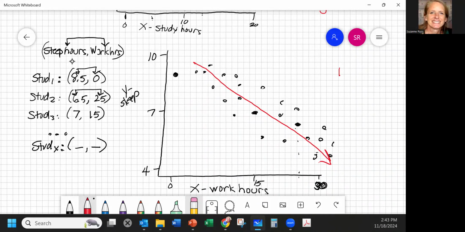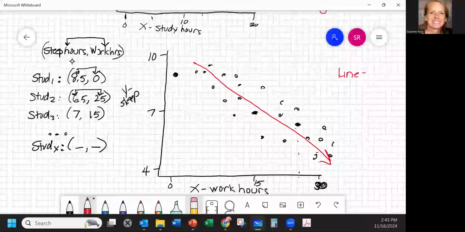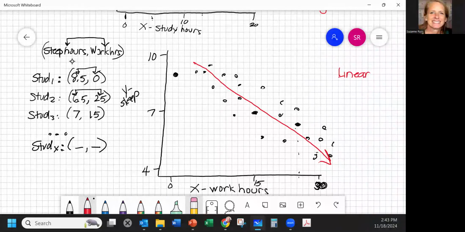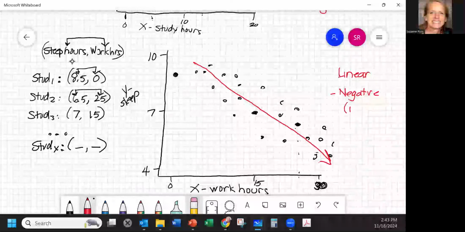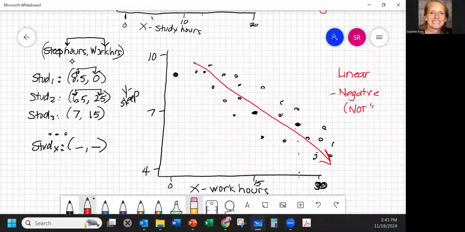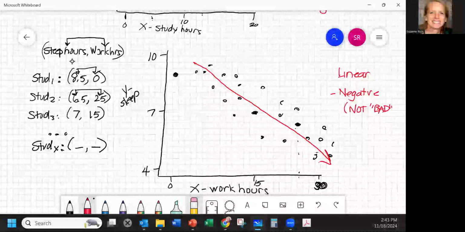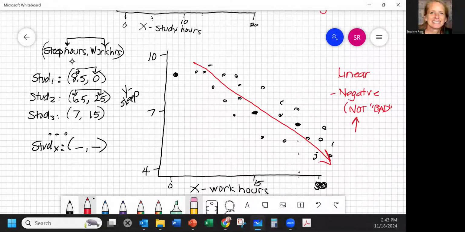So we can say this is still linear because we get that straight line, but we would also say that this is a negative relationship, and it doesn't mean bad. Let's write that down here. Doesn't mean bad in the sense of emotionally bad or anything like that. It just means as one variable increases, the other variable decreases. That's all that means.